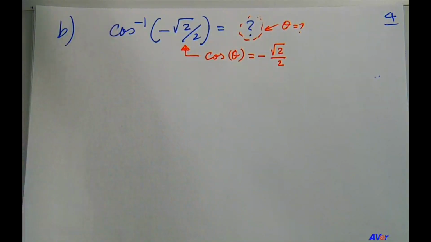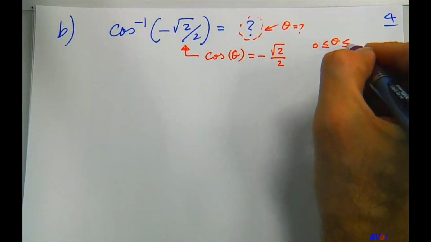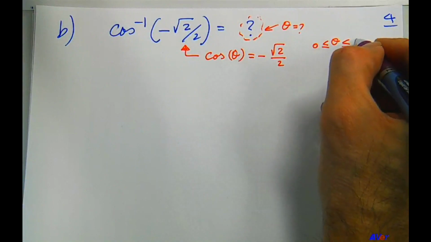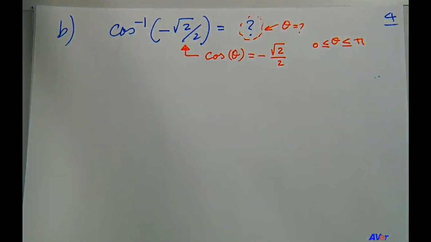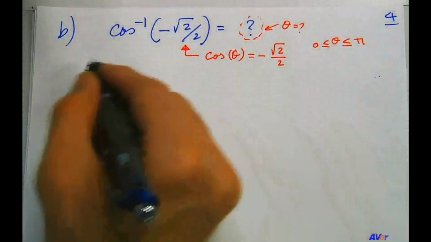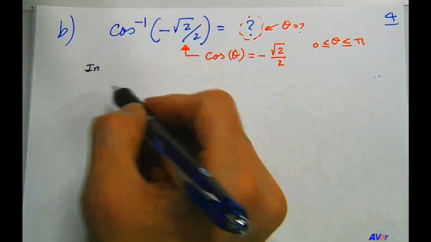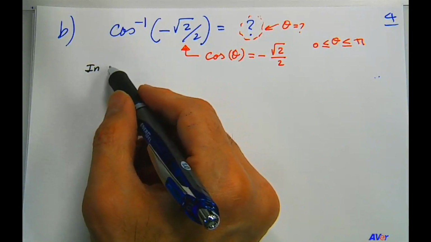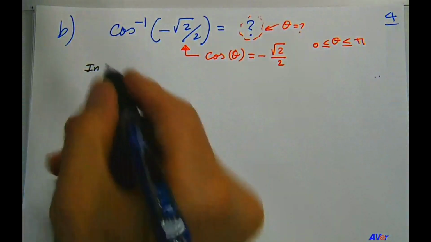And we know for the cosine function, the range of theta must be 0 to pi, right? So we must find theta such that it's between 0 and pi. So let's write this down. On an exam you don't have to be this detailed when you write down your answer, but I'm writing it down so you know the reasoning behind each answer.